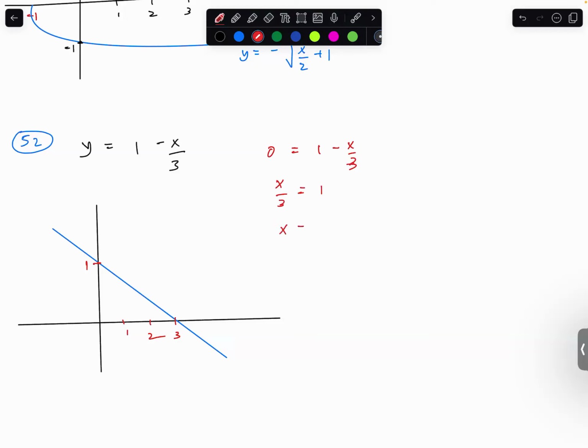So x is equal to 3 when y is equal to 0. That's why you have this point right here. And we have y equals 1 when x is equal to 0. So this right here is our graph of y equals 1 minus x divided by 3. We can delete this if we wish.